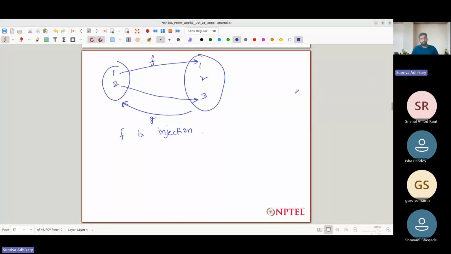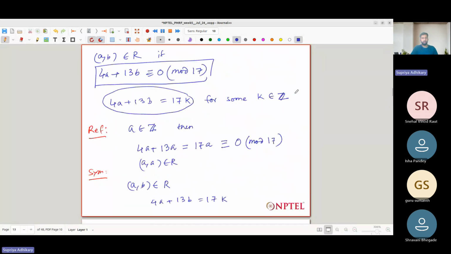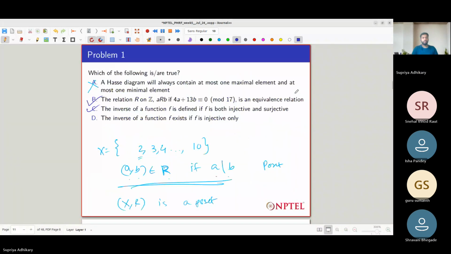Because that G function over here will not be defined for this element. So this is not the inverse. So we cannot necessarily say that the inverse of a function exists if it is only injective.